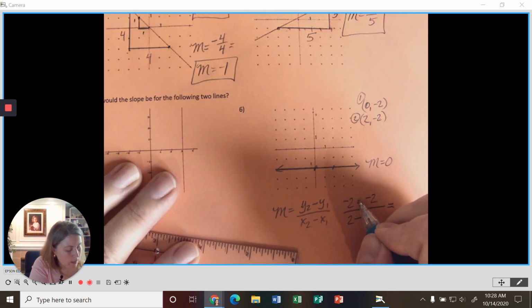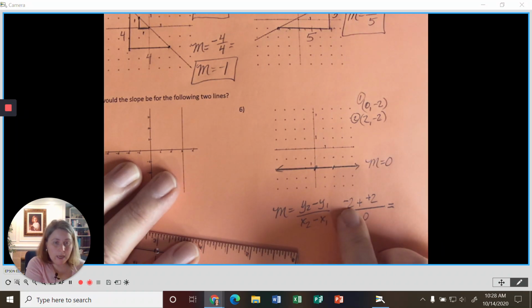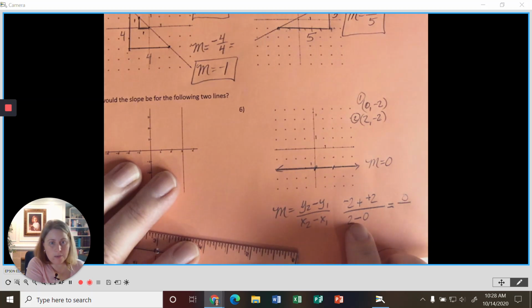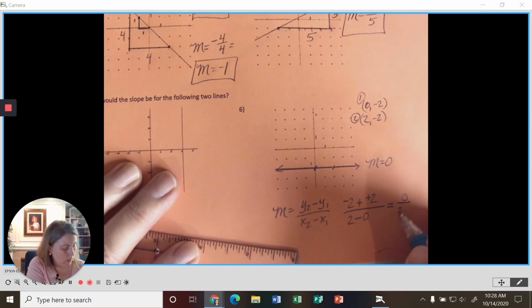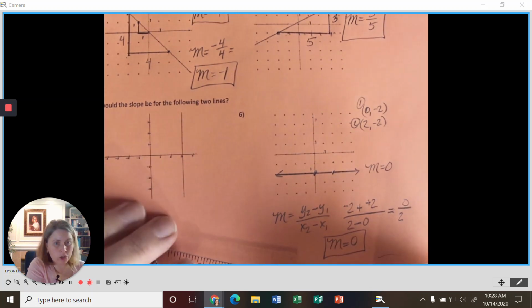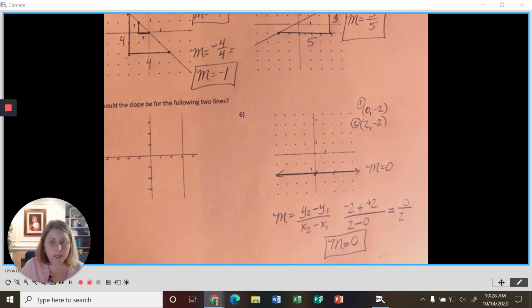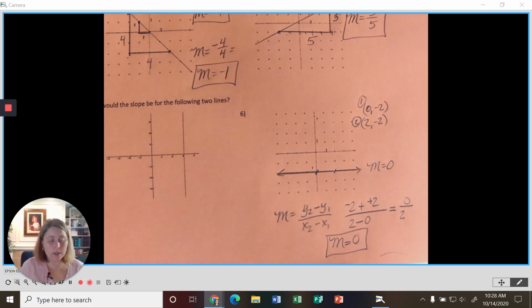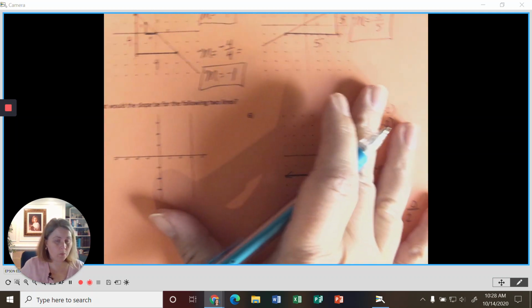In our numerator, what is -2 plus 2? 0. And in our denominator, 2 minus 0 is 2. What's 0 divided by 2? 0. If you have $0 and you're sharing that between 2 people, you both get $0. You can calculate that on your calculator as well, and you'll see that it equals 0.